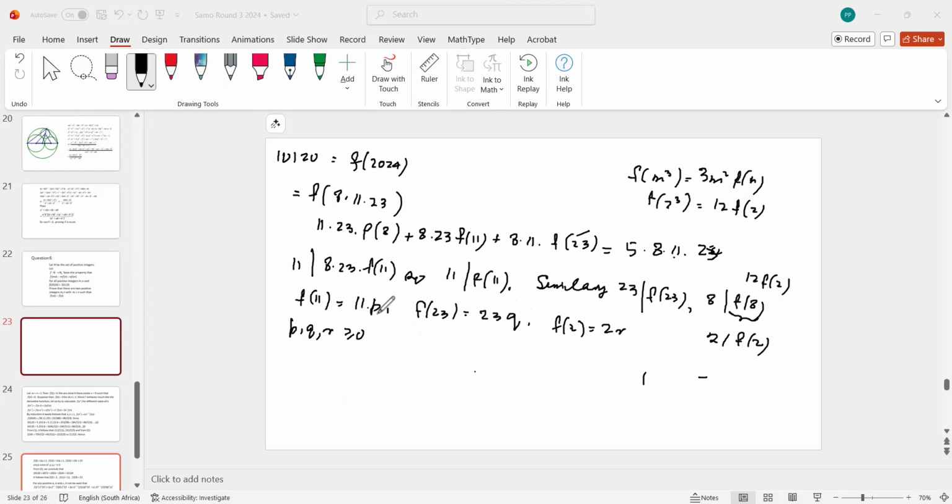But I can't have P equal to 0 because then f of 11 is equal to 0, and that will mean that my problem is solved. And the same thing with this. So if any one of them is 0, then solved, right? If any is 0, we are done.